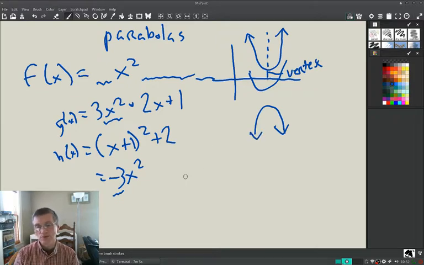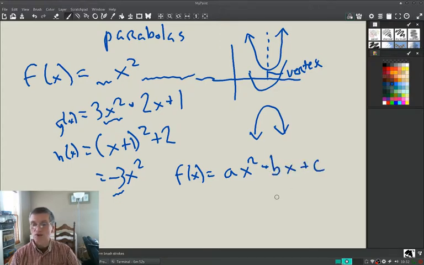Alright, the general form of a function is a x squared plus b x plus c. That's the general form. A, b, and c would be just numbers. And you may remember they get used in your quadratic formula, which is a handy formula I don't expect you to remember for finding the roots of these.